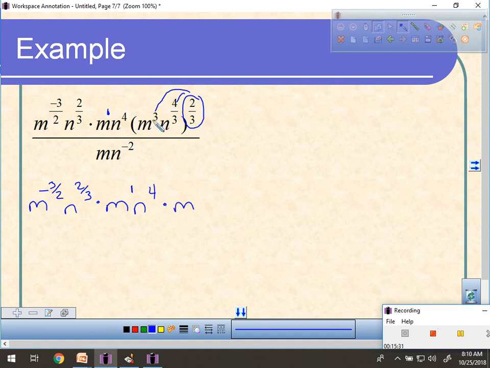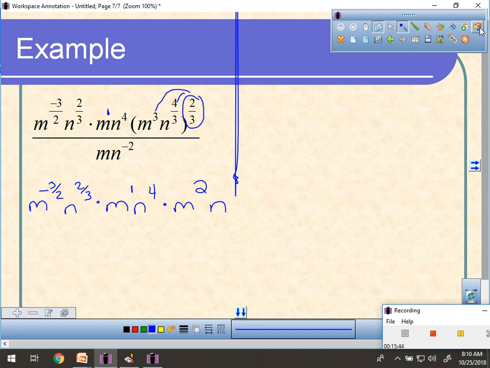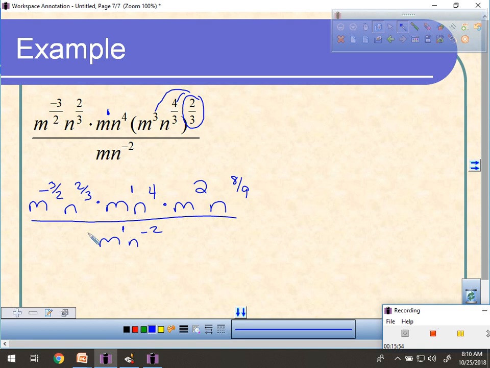So m to the, multiply 3 times 2/3 in your calculator, you should get 2, and then n, multiply 4/3 times 2/3, that should give you 8/9 in your calculator. So that would be 8/9. And that's the only part you distribute, because now on the bottom, that's m to the first power, n to the negative 2.